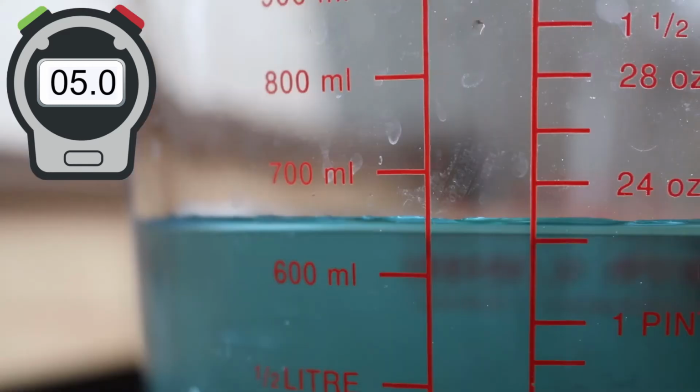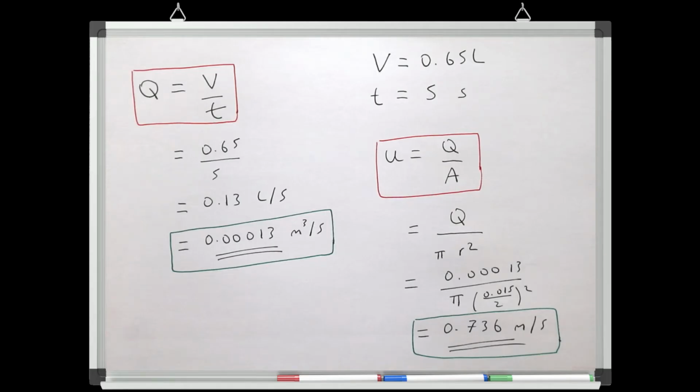When measuring the discharge, I collected 0.65 litres of water in 5 seconds, which gives a discharge of 0.13 litres per second, and in my pipe with a diameter of 15 millimeters, this corresponds to a mean velocity of 0.736 meters per second. Here's my working out if you want to pause to see how I've done this process.